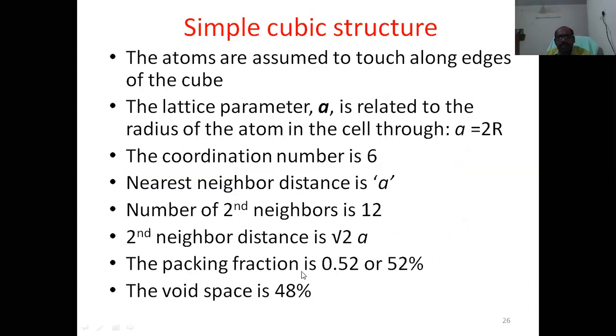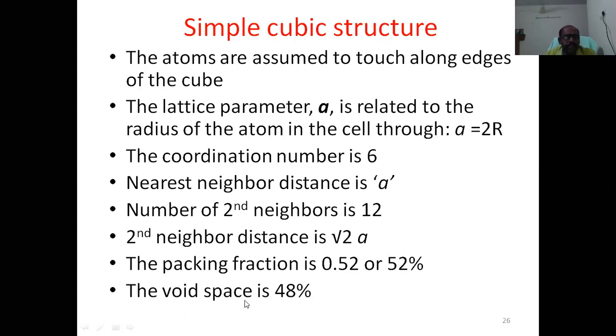The packing fraction: here the effective number of lattice points is 1, and the volume is 4 by 3 pi r cube divided by a cube. a cube means 2r whole cube, which is 8r cube. So 4 by 3 pi r cube divided by 8r cube gives totally 52 percent or 0.52.